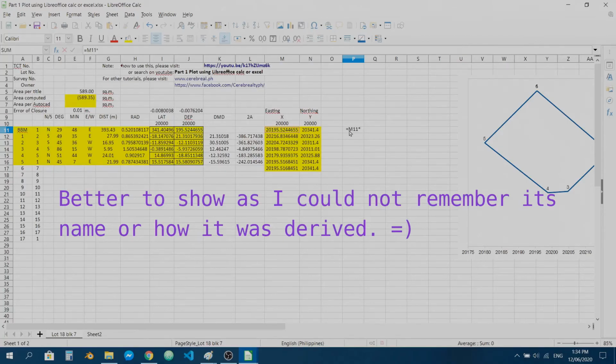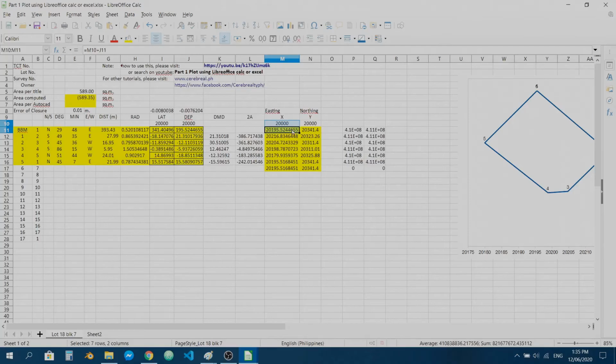Multiply by the first y coordinate, and then this one, just copy the numerical value.